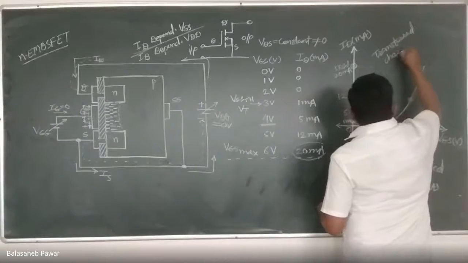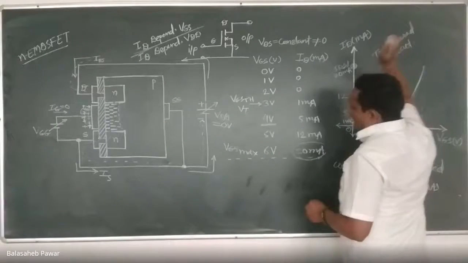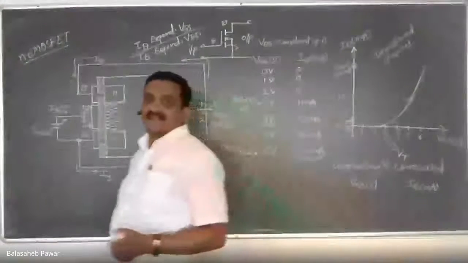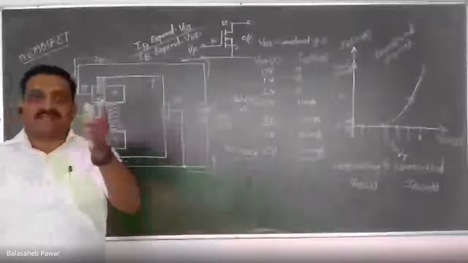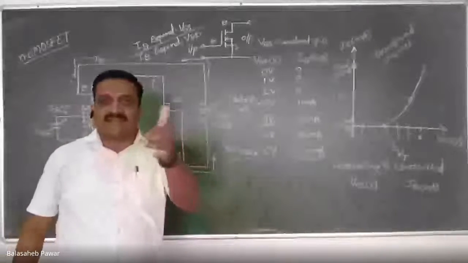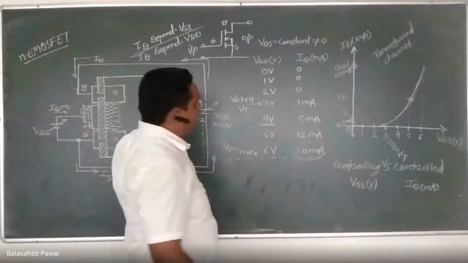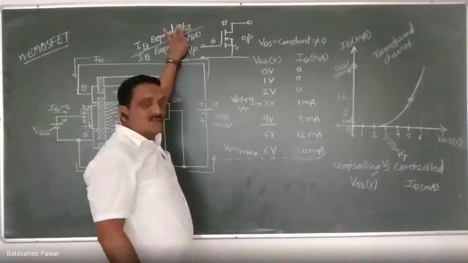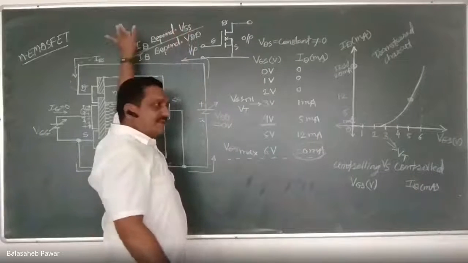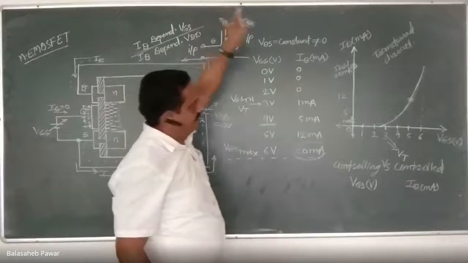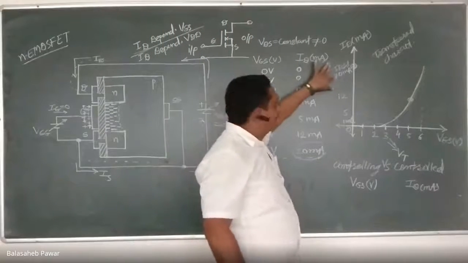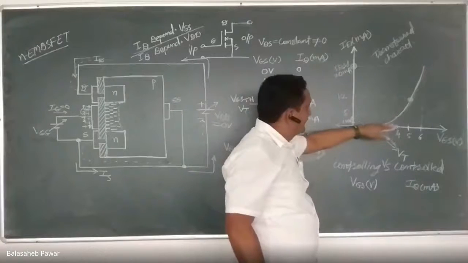What is the transfer characteristic? It is the characteristic in between controlling and controlled parameters. Here we concluded VGS is the controlling parameter, and the controlled one is output current, that is ID, which increases from its 0 value to IDSS.